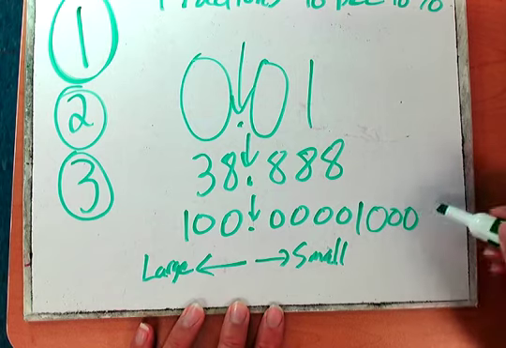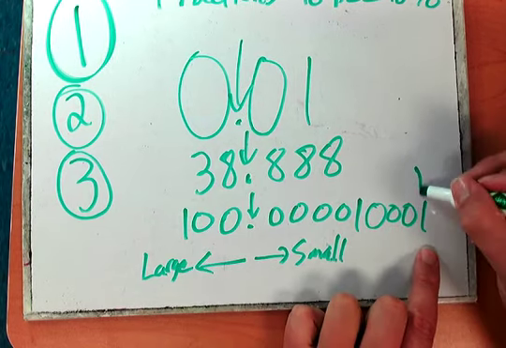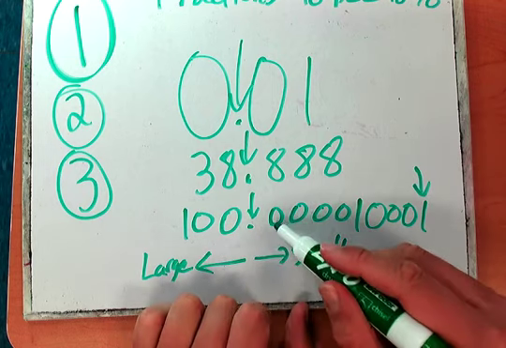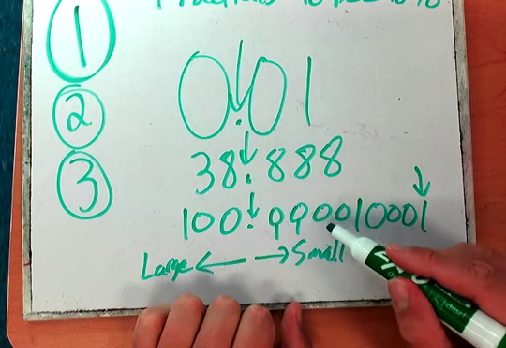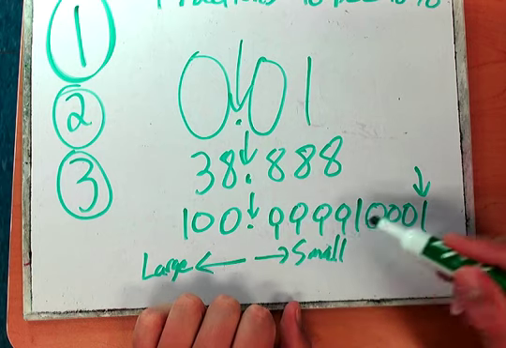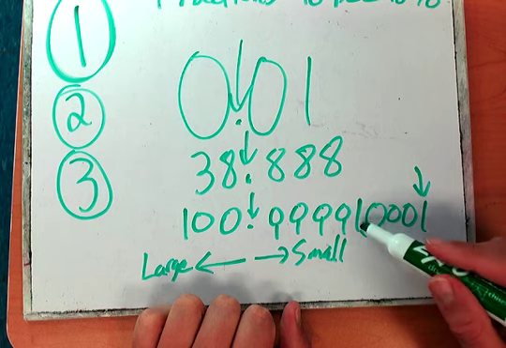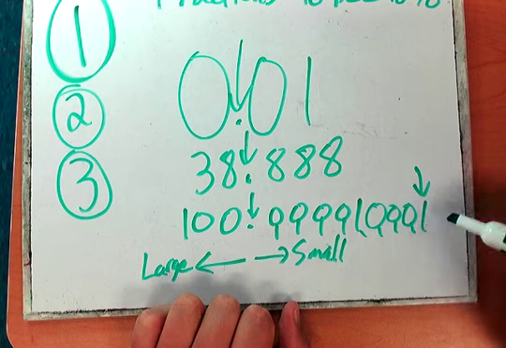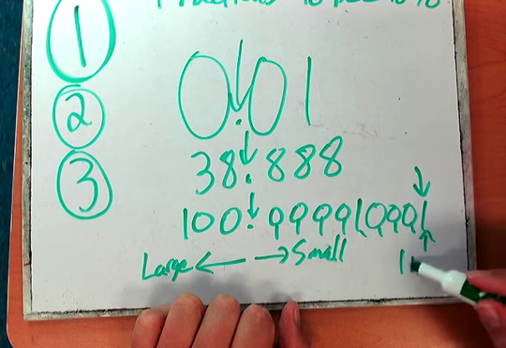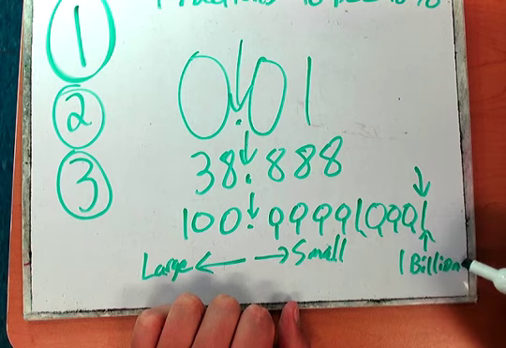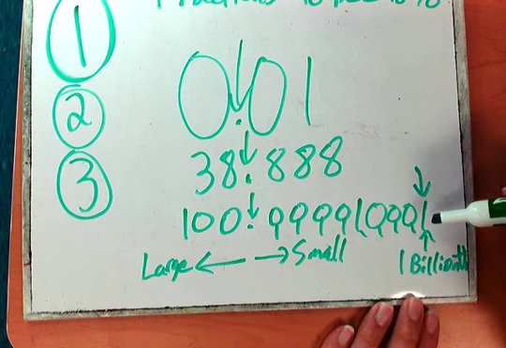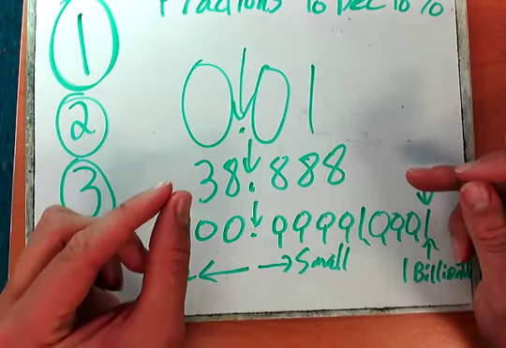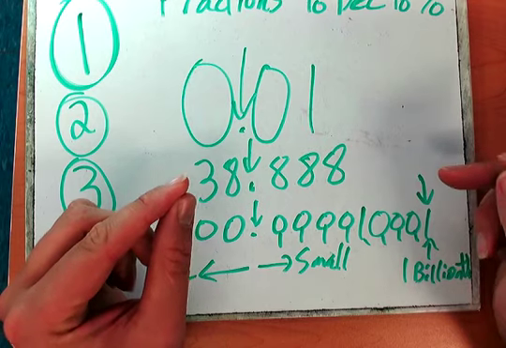So if I did this, this is really small. The way that I would read that is this is tenths, this is hundredths, this is thousandths, this is 10,000ths, this is going to be 100,000th, this is going to be a millionth, this is going to be a 10 millionth, this is going to be 100 millionth, and this is going to be 1 billionth. So it's like if I took this whole thing and cut it up into 1 billion pieces, I'd be talking about one of those infinitesimally small pieces.